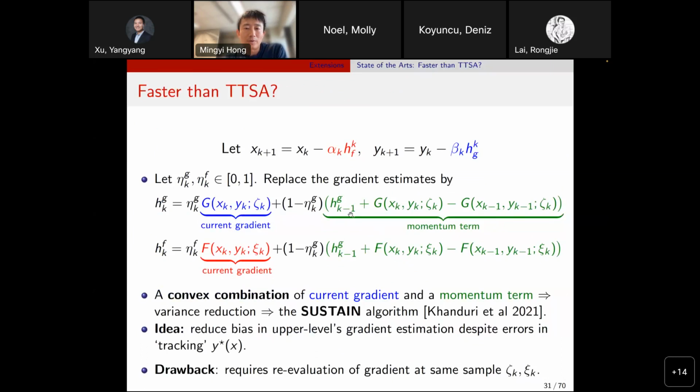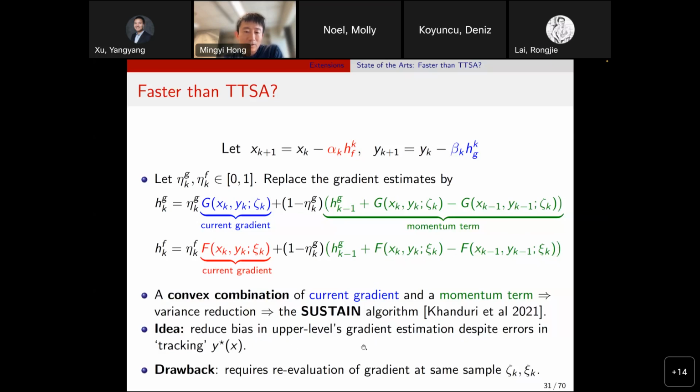For the lower update, it's a convex combination of the original one with the green one. The green here is the previous stochastic sample, plus and minus the current and the previous capital G. F is the same. So this is a combination of a current gradient and a momentum term. We call this algorithm SUSTAIN.